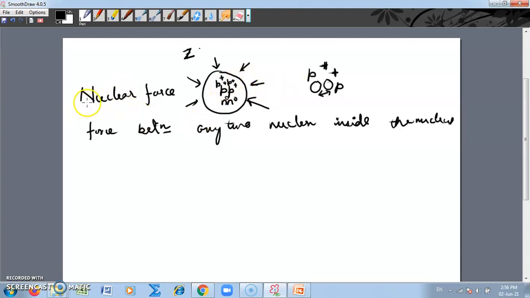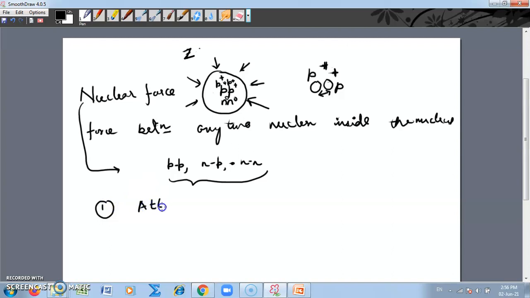So actually nuclear force constitutes all these forces: the force between a proton and a proton, the neutron and the proton, and a neutron and a neutron. All these forces are, number one, attractive in nature. They attract each other, whether they are of the same charge, uncharged, or one charged and the other uncharged, it's always attractive. That is the main thing.